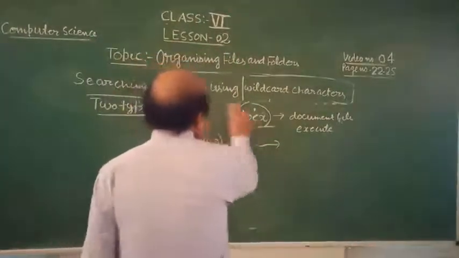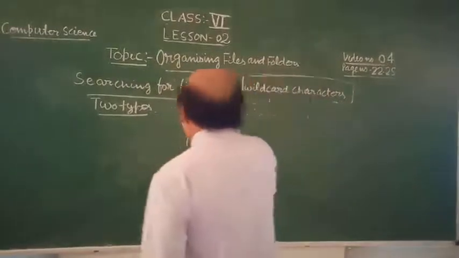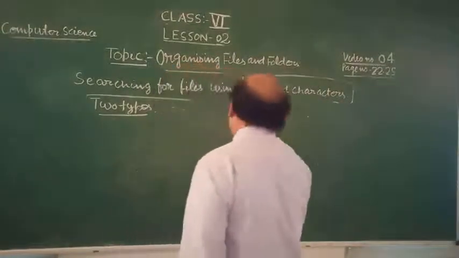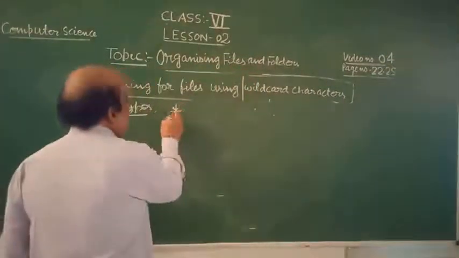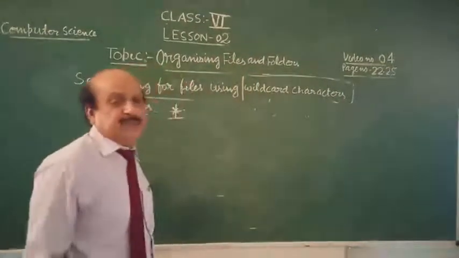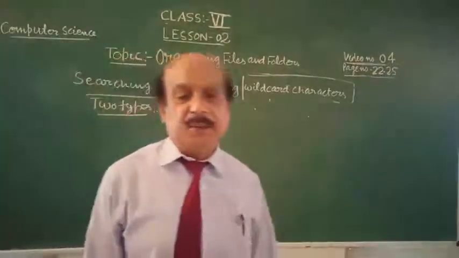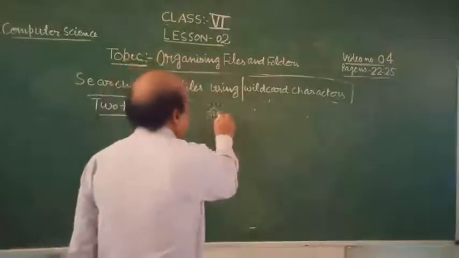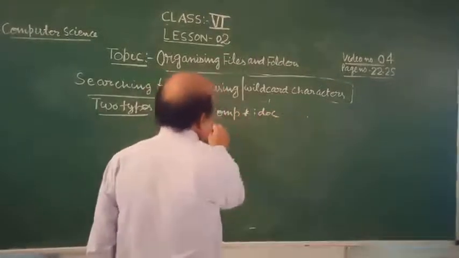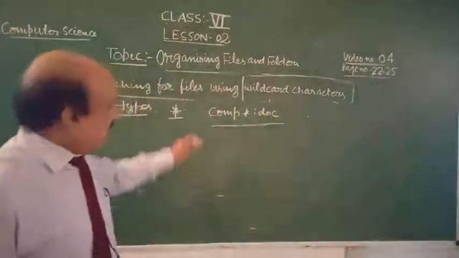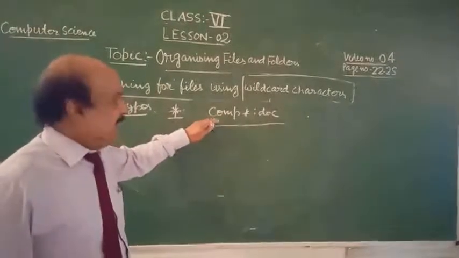Third example, in the asterisk sign, how you can use the asterisk sign. See here, I have told you that in place of the asterisk sign, more than one character you can use. See here, COMP asterisk dot DOC. So the starting name of the file is com.